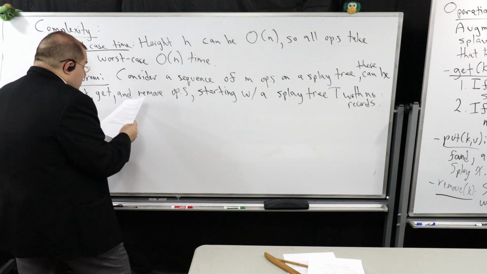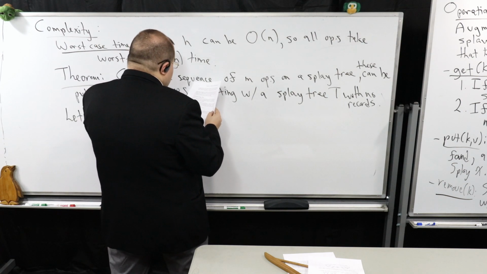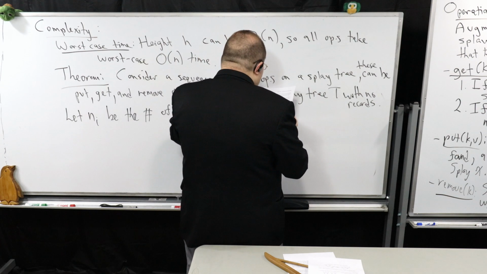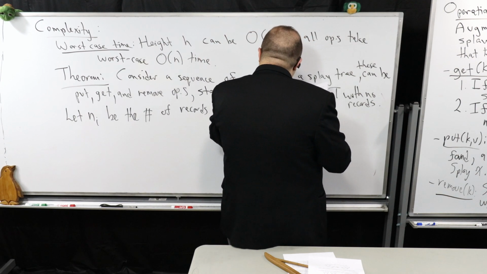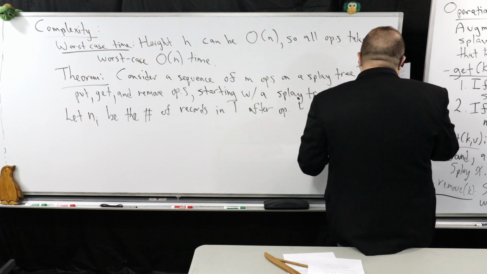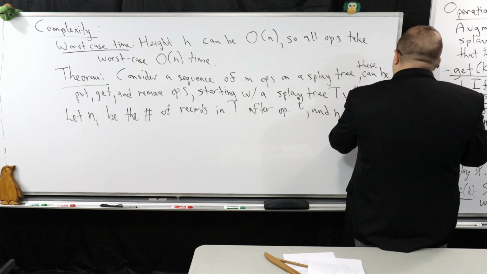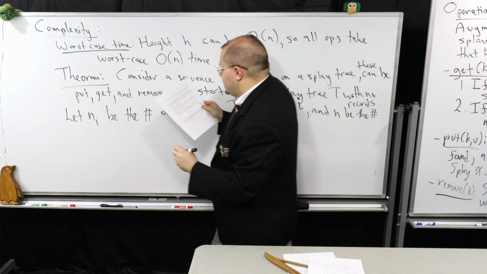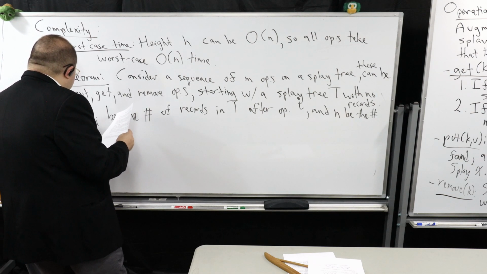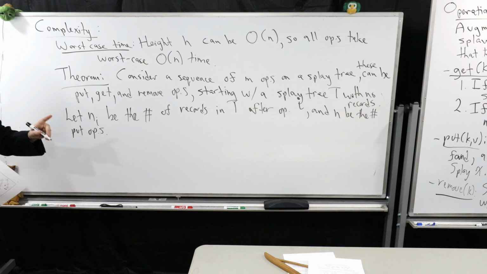Let N_i be the number of records in T after operation i, and let N be the number of put operations. So now this is the crazy part.